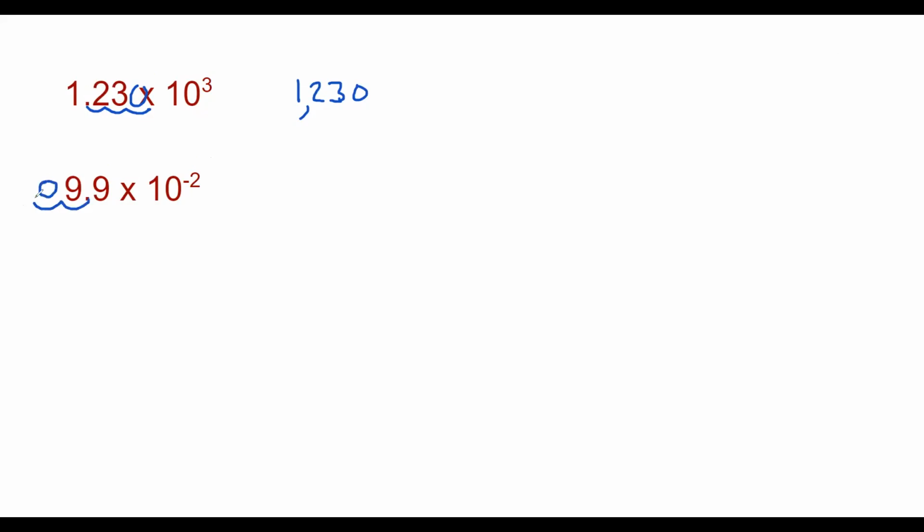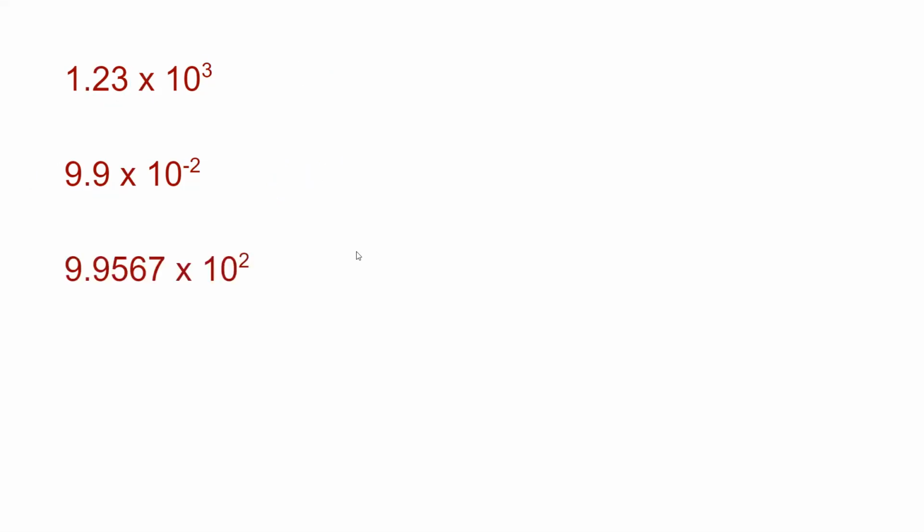We add a 0 here, and our new decimal is going to go right there. And our answer would be 0.099. And we should add a 0 in front there. 0.099. Let me clear those off so we can focus on these last problems.